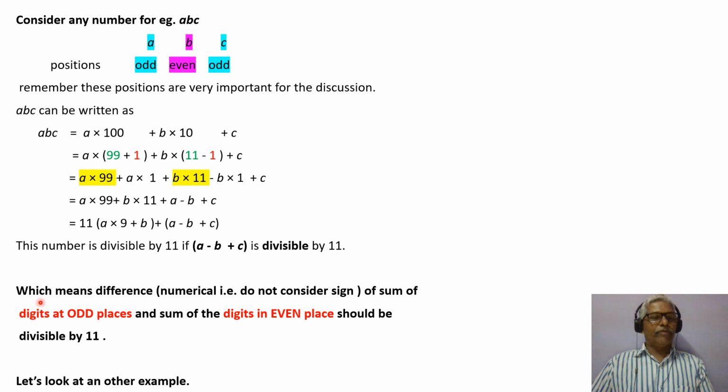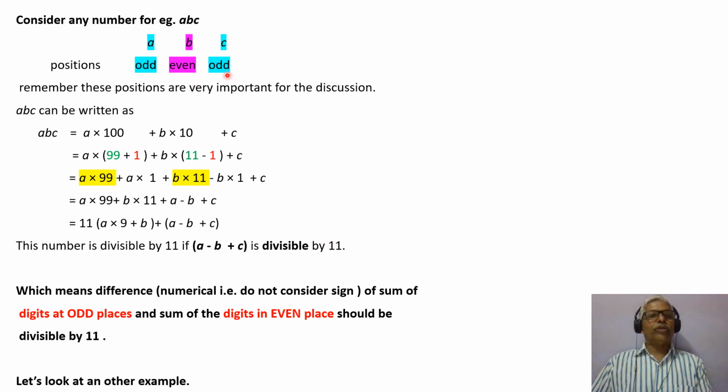Okay, so we'll read it again, which means the difference of the sum of digits at odd places and the sum of digits in the even places should be divisible by 11. Okay, so we have to add digits in the odd places, again add digits in the even places. In this case there is only one, you will see it further.